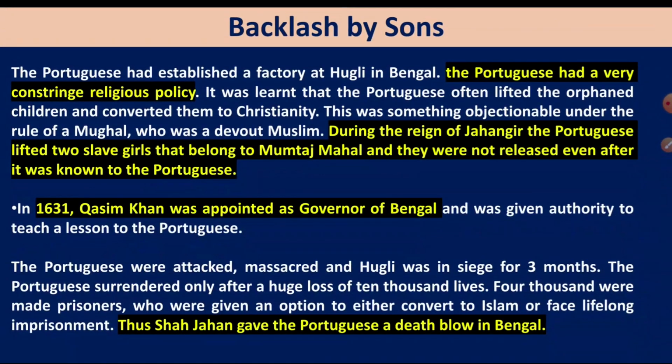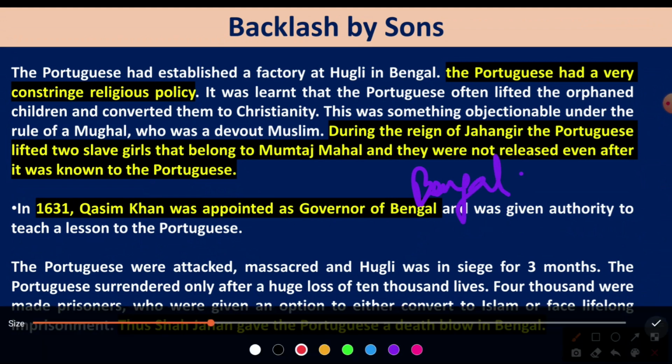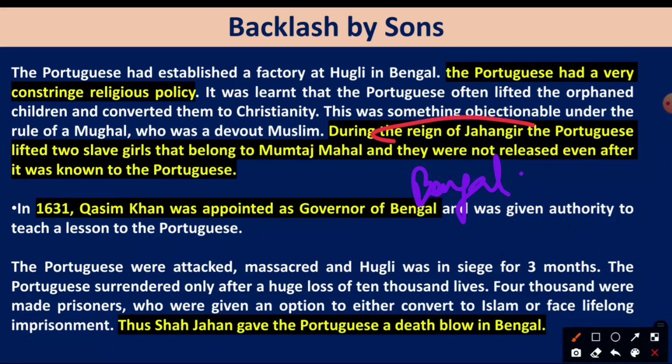And hence there was a backlash by the sons, and the backlash was seen in Bengal. In Bengal, first of all, in Jahangir's reign also. So what the Portuguese had done, they had lifted two slave girls that belonged to Mumtaz Mahal and did not release them even after it was known they were with the Portuguese.